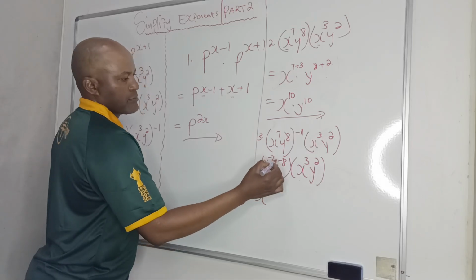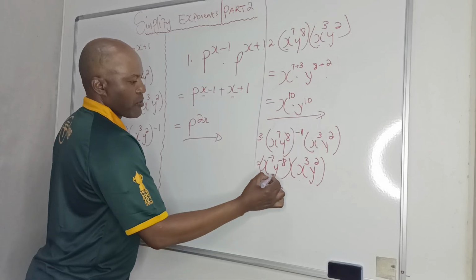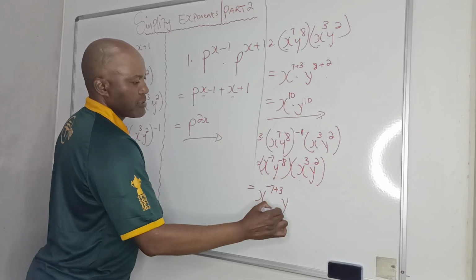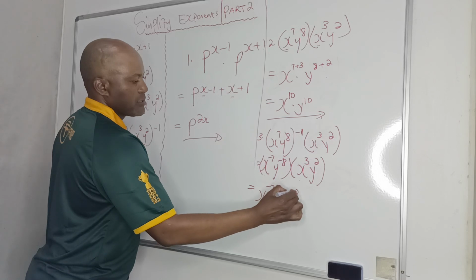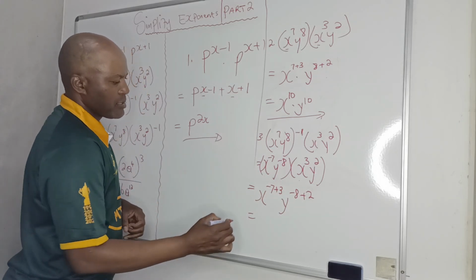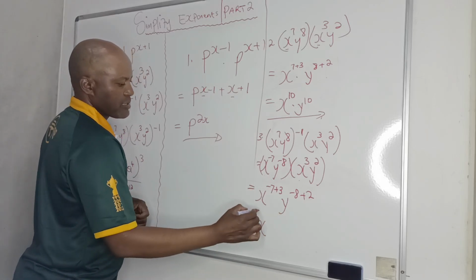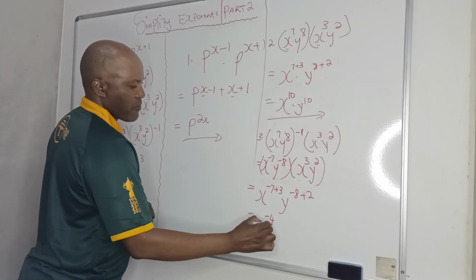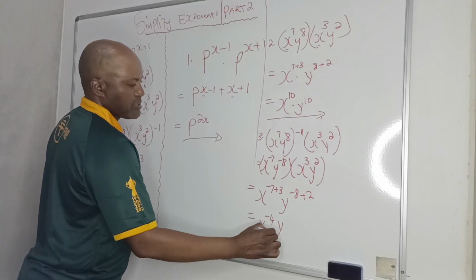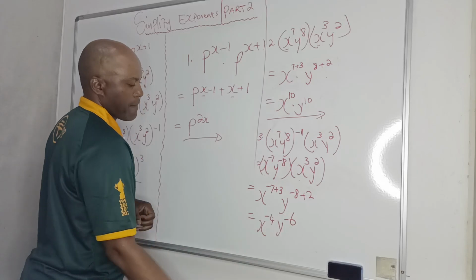-7 plus 3. For y and y, I keep one y, -8 plus 2. Then I keep the base and add there, I get -4. I keep the base here and add there, I get -6.